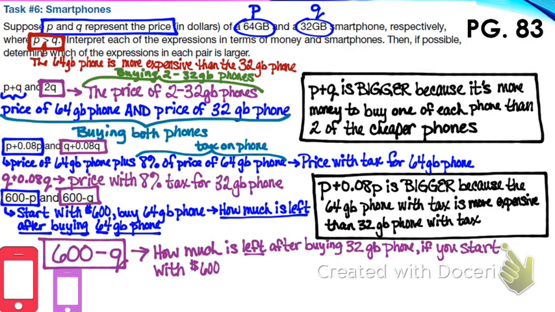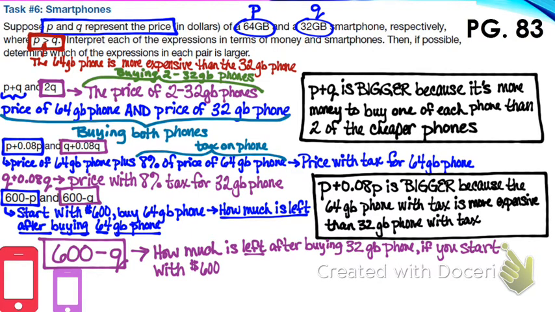I want you to think really carefully about this for a minute. You have $600 in your bank account, and so do I. We walk into the same store together at the same time. I buy the 64 gigabyte phone, and you buy the 32 gigabyte phone. Which one of us has more money left over? Yes, if you buy the 32 gigabyte phone, if you buy the cheaper phone, you have more money left over, right?